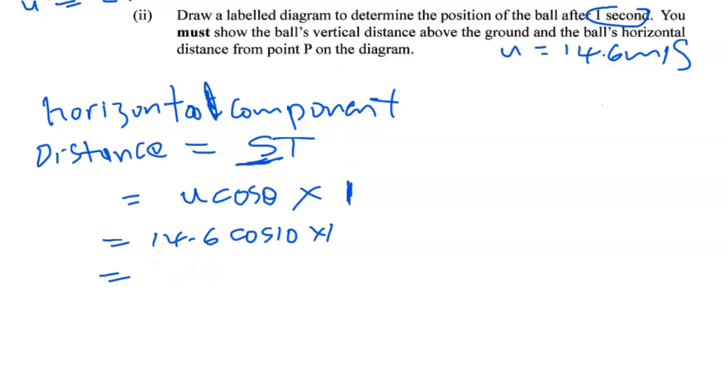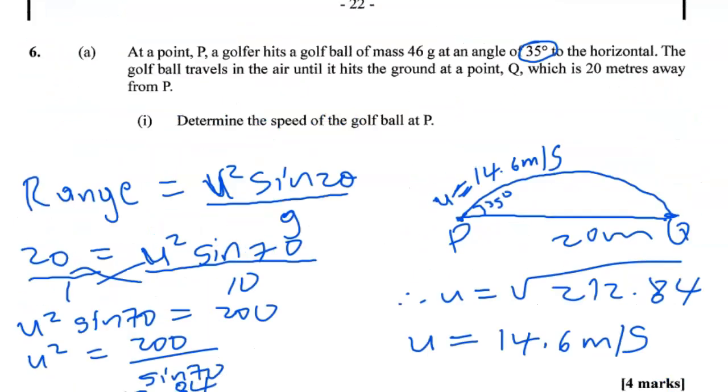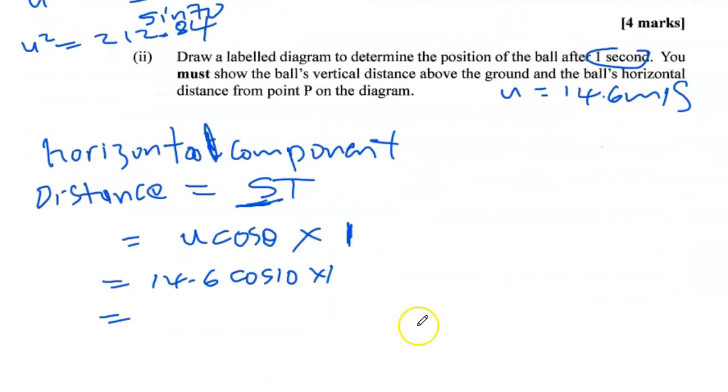The angle was 35, so it's 14.6 times cos 35, which gives us 11.96 meters.